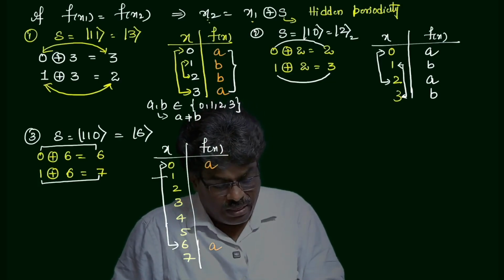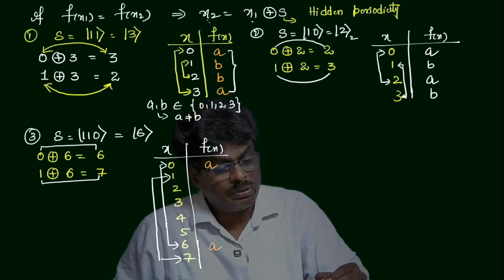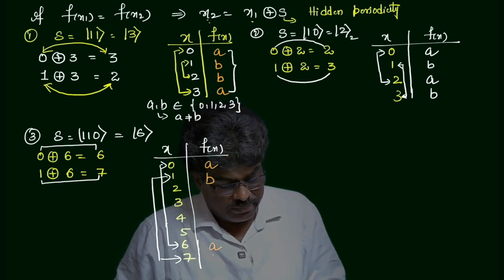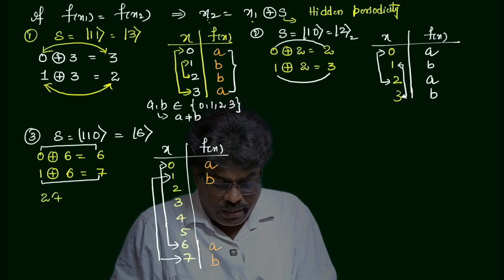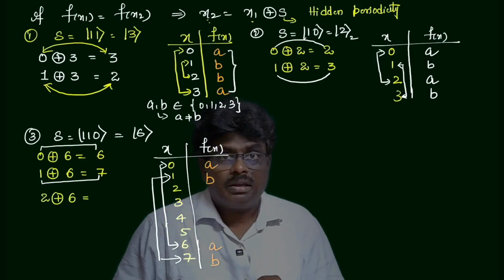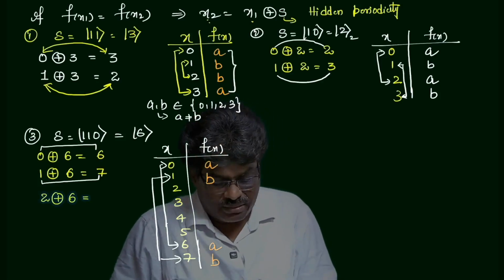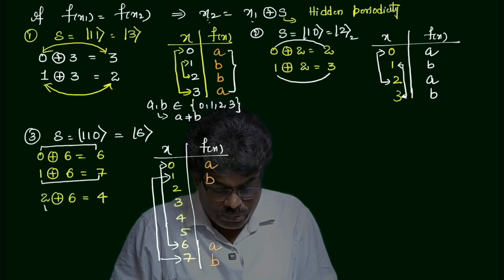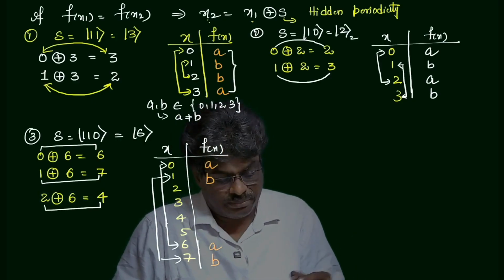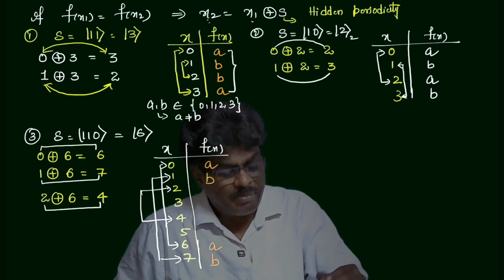So this 1 and 7 have same output, that is B. Next one, I am taking a 2 XOR 6. Here common is 2. That's why 2 cancel, 4 remains. Now tell me what are having same output? 2 and 4. So let it be C.